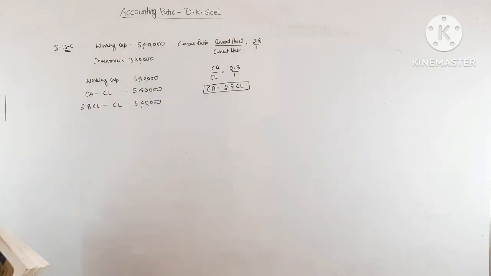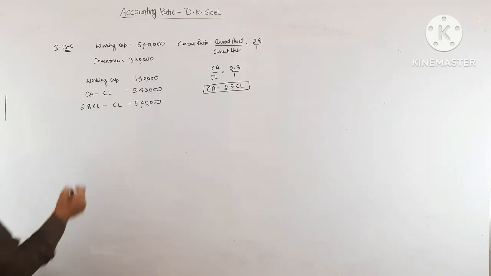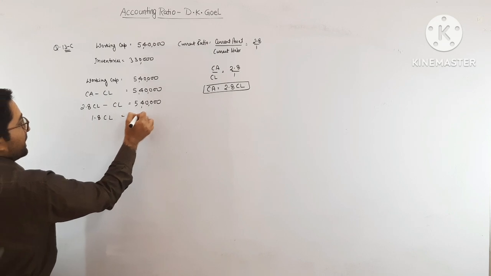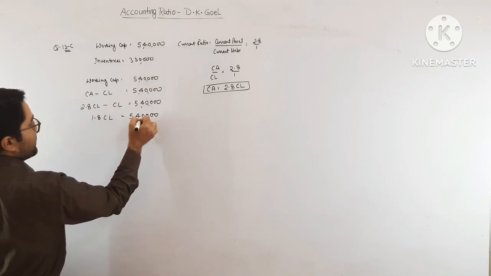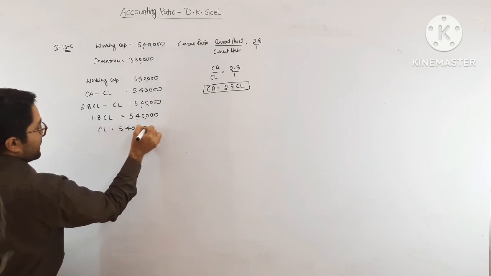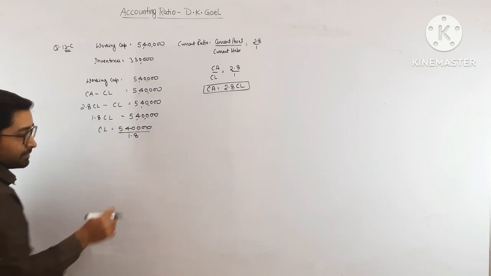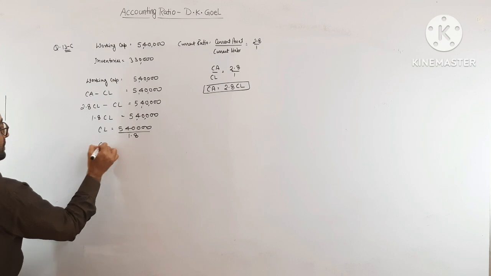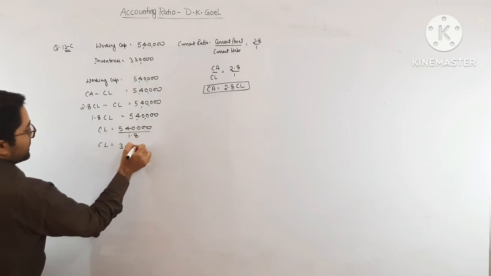So 2.8 minus 1 is 1.8. It is 1.8 into current liability equals 5,40,000. So current liability equals 5,40,000 divided by 1.8, which is 3 lakh rupees.